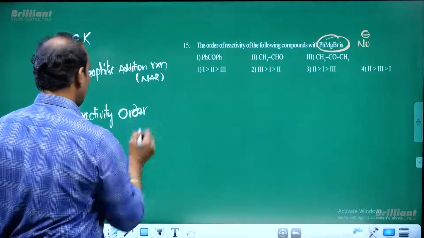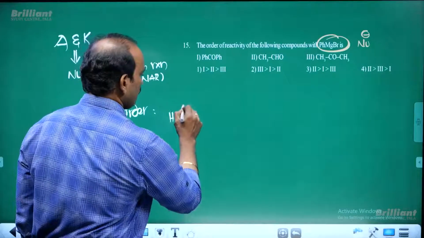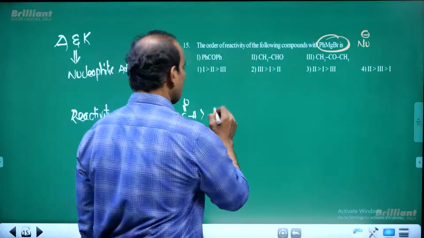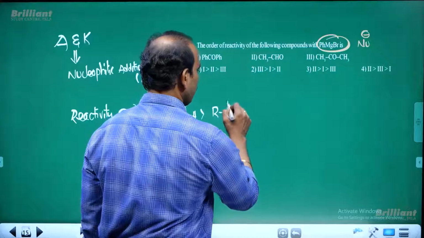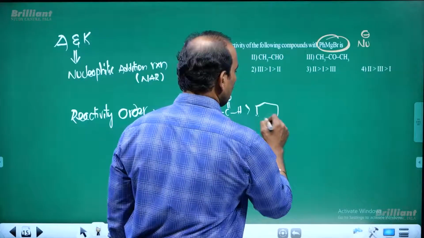Reactivity order. 1. Formaldehyde, the most reactive. Then the next one is aldehydes. Next one is benzaldehyde.